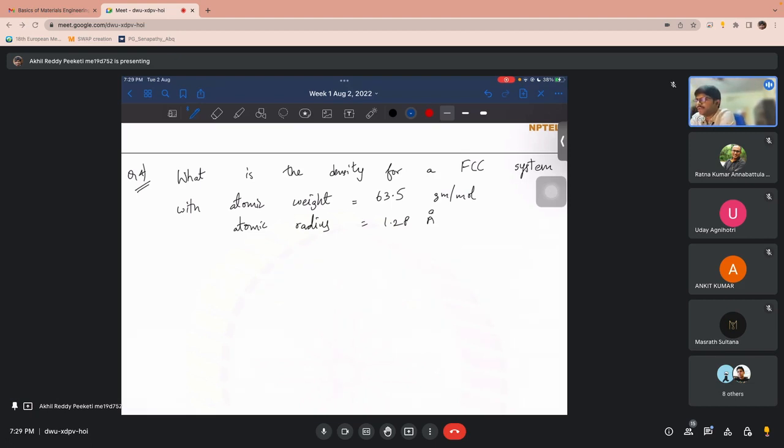So how do we go about it, knowing the dimensions in terms of the radius of the unit cell and knowing the atomic weight? Average number of atoms into atomic weight. Yeah.